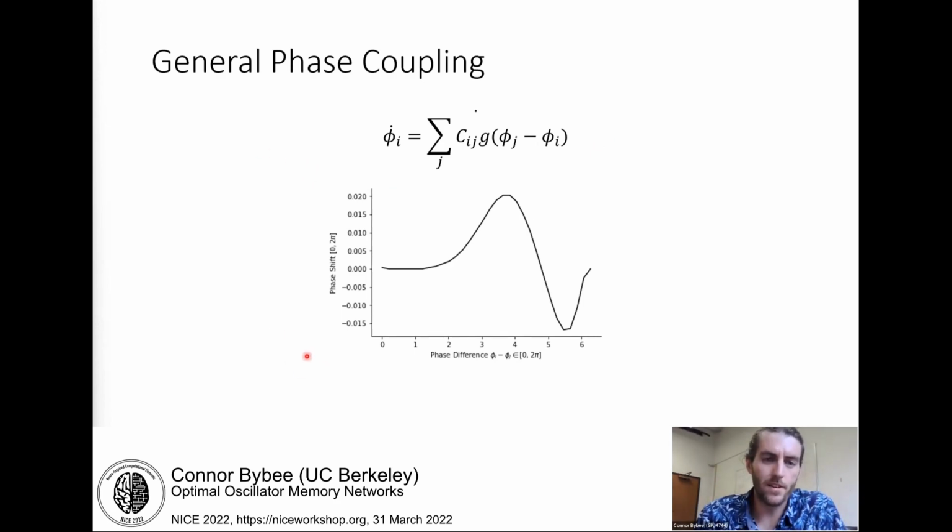Here I've shown a phase response curve for a Hodgkin and Huxley type model, where depending on this phase difference phi j minus phi i, the amount of phase shift coming through this coupling function changes, which is different than the original Kuramoto model. And so, completing why Q equals 3, does this result hold for other systems?